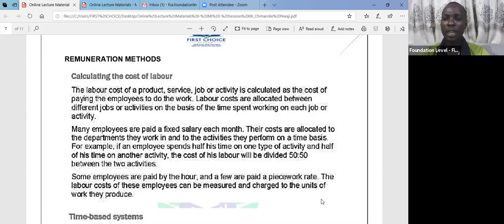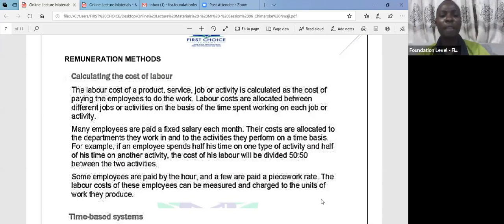Then when you see labor is paid at maybe so much per unit, you see that they are using piecework. So you should always look at the type of labor you are given to know whether you're using hourly rates or piecework rates.